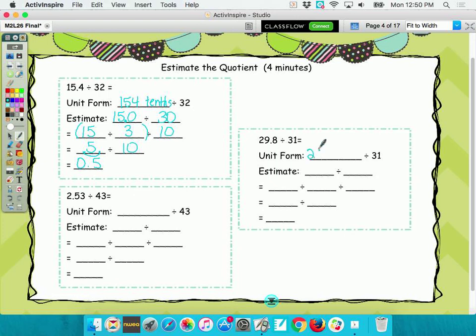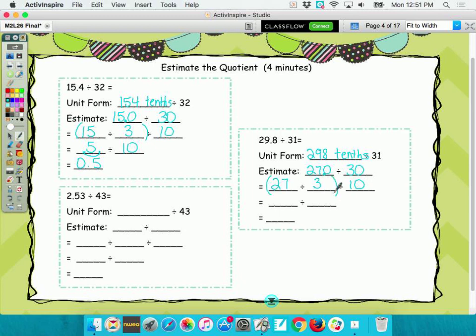298 what? Tenths. Okay, 31 rounds to 30. And let's not make that 300. Let's make it less than 298. Okay, so 270 tenths would be what number? 27. 27 divided by 3 divided by 10.